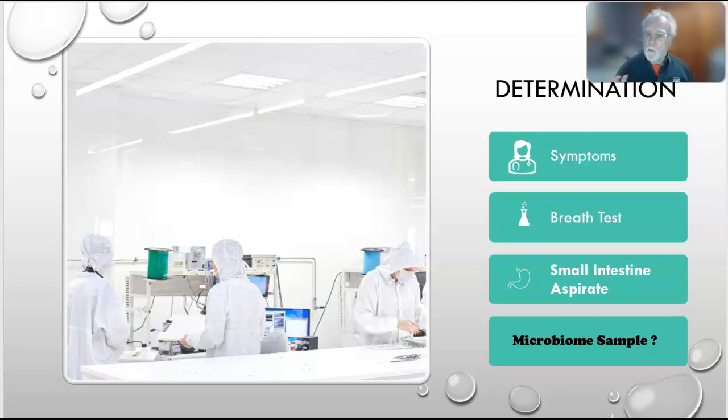The latter one is a different color because it is not a conventional way of approaching SIBO, but as you can see from later in this presentation, it is a reasonable, logical way and may actually be far better than the breath test or symptoms.